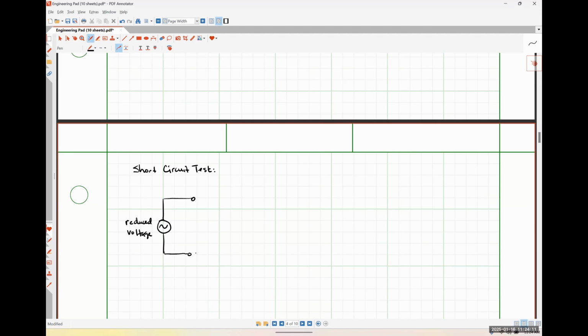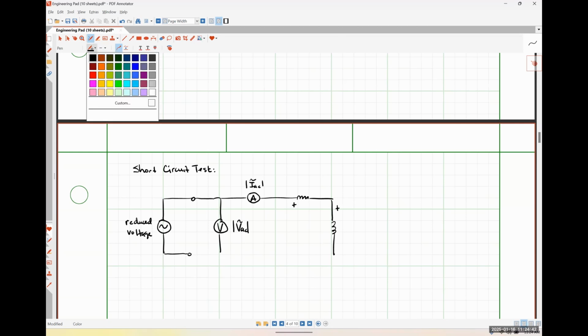Then we've got our measurement circuitry. Once again, this consists of a meter measuring some magnitude of an AC voltage, an ammeter measuring some magnitude of an AC current, a wattmeter here measuring some, I'm going to call this PSC for short circuit power.